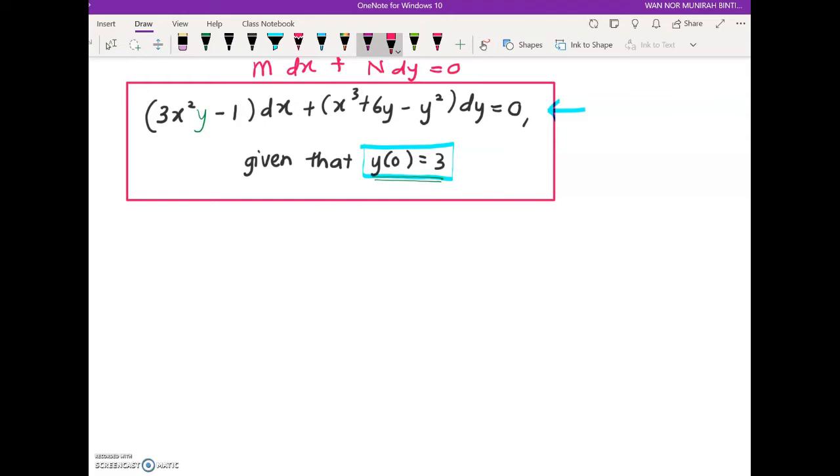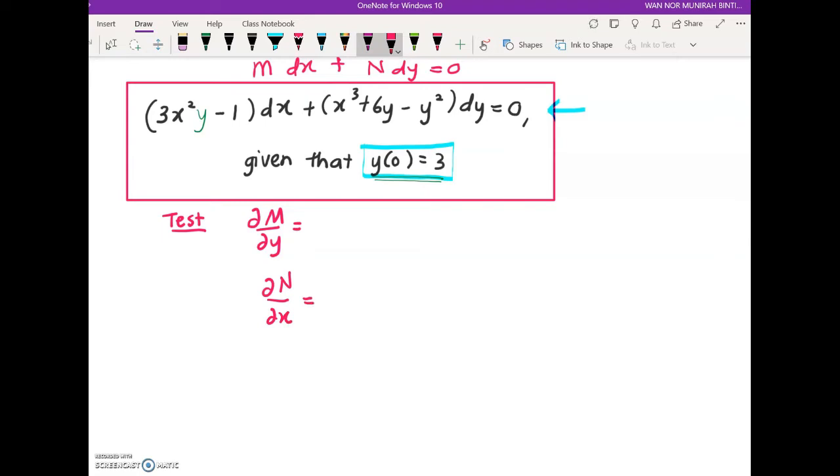In order to say that this equation is exact, we must do the exactness test. We test for the exactness: is del M del y equal to del N del x?